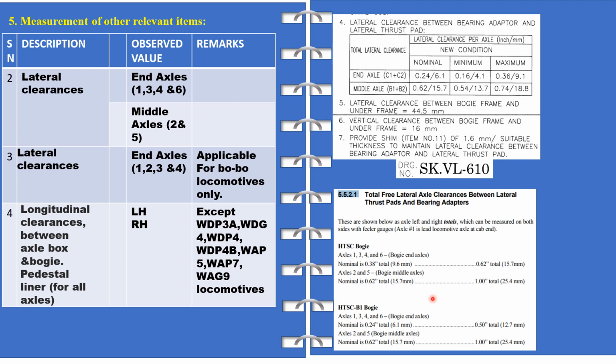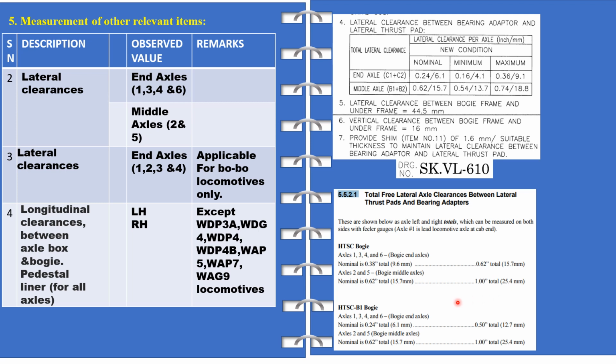And then we have another type of bogie which is known as HTSC B1 bogie. So for the end axle, the maximum limit prescribed for lateral clearance is 12.7, and for middle axle it's 25.4.